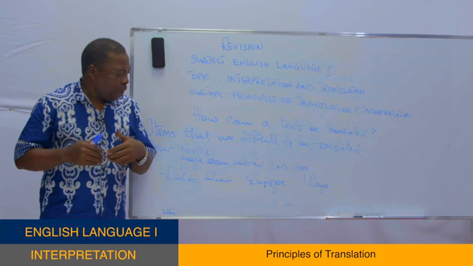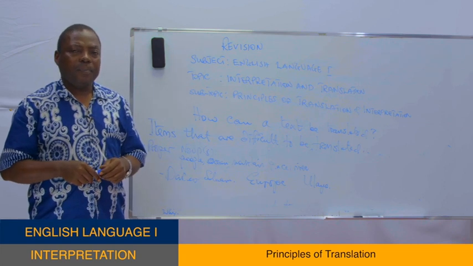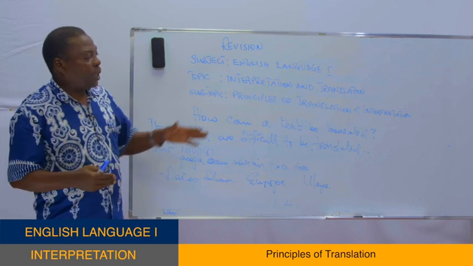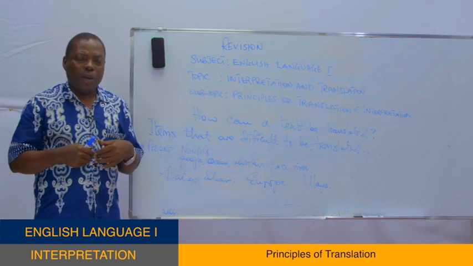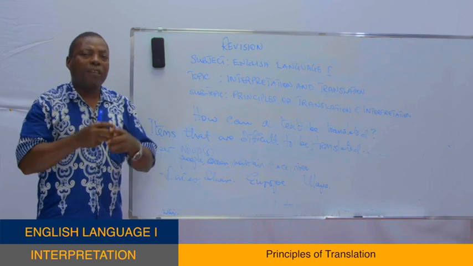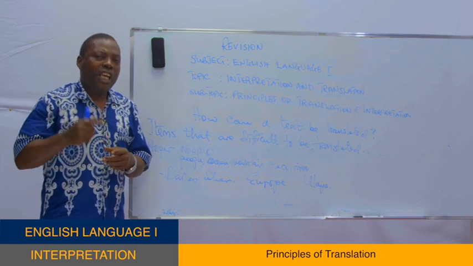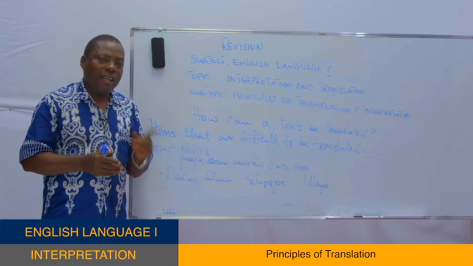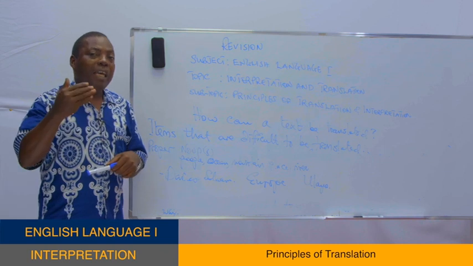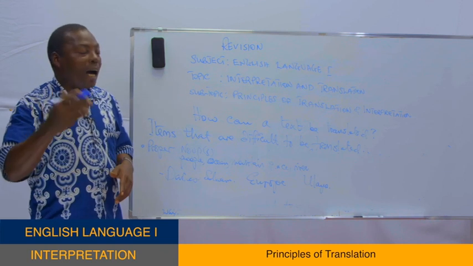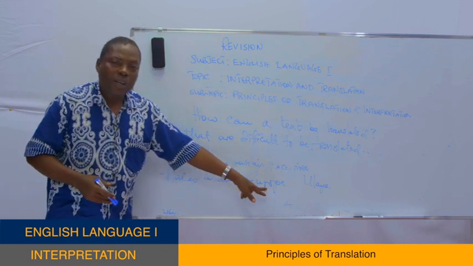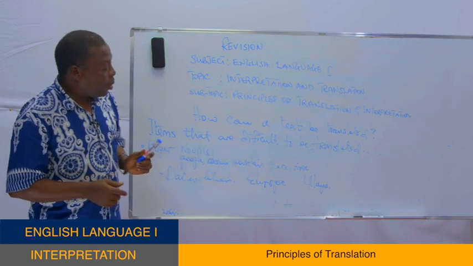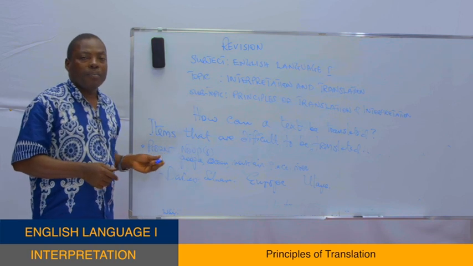Will that give the same meaning? Now this one has been left as a task for a translator to decide when he or she has an equivalent term: should he use that equivalence, or should he maintain the same? But if I may advise, I would advise you to use the original word that has been used in the source text, provided that word falls under proper noun.